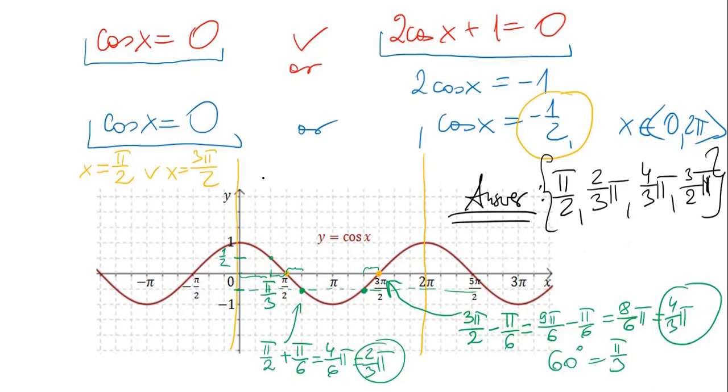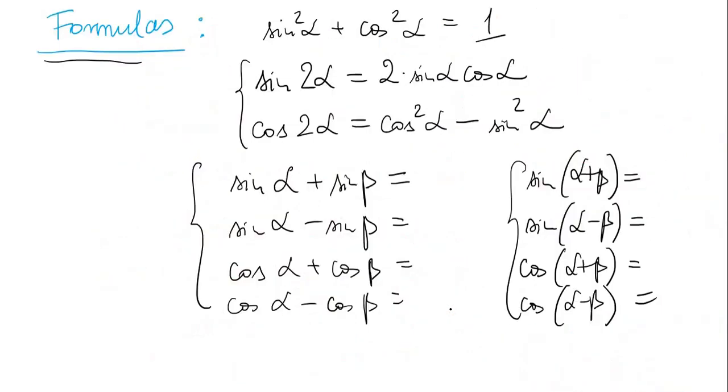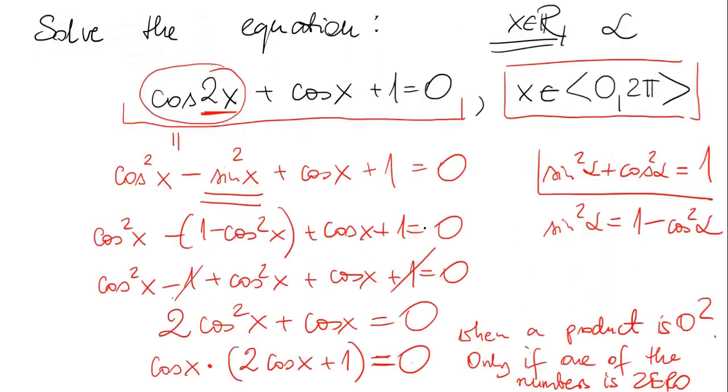So this is just one example to show you that trigonometric equations can get quite difficult sometimes, because you need to use all of those formulas. But when you try to solve them and simplify them by using these formulas, you will always get to the simplest form.